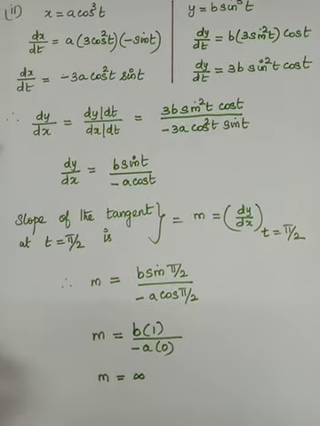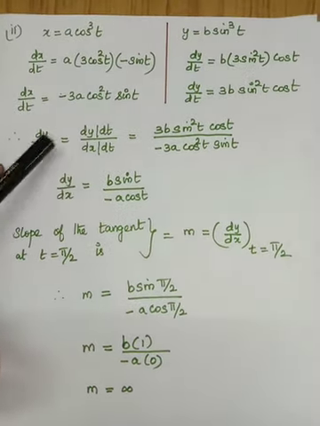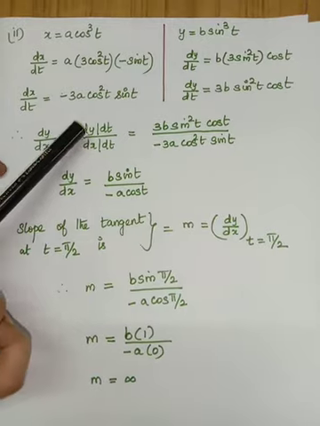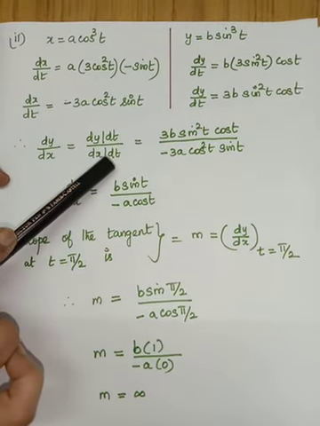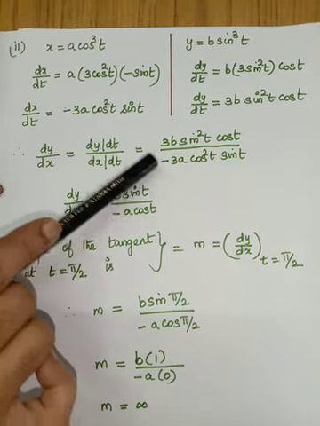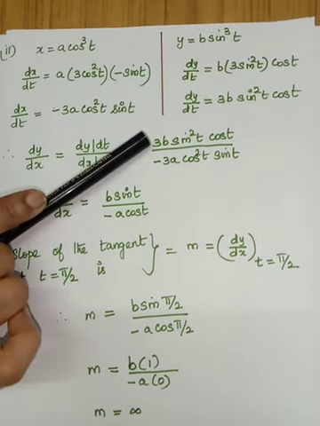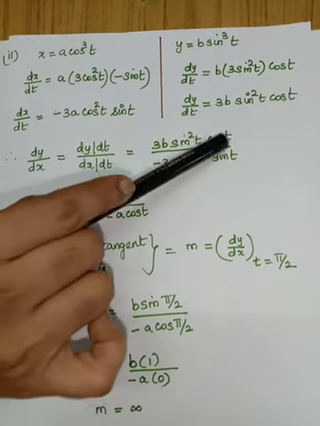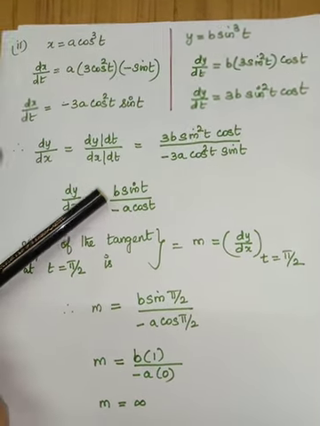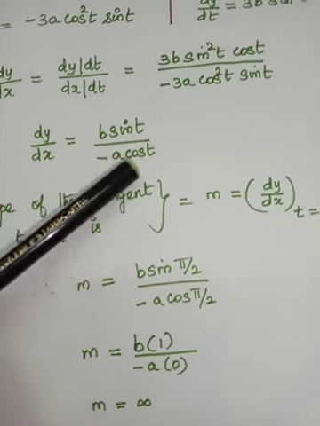To find the slope of the tangent, what is needed? dy/dx. The formula is (dy/dt)/(dx/dt). dy/dt is written in the numerator and dx/dt is in the denominator. So 3 gets cancelled, 1 sin and 1 cos get cancelled. So the answer is b sin t divided by -a cos t.